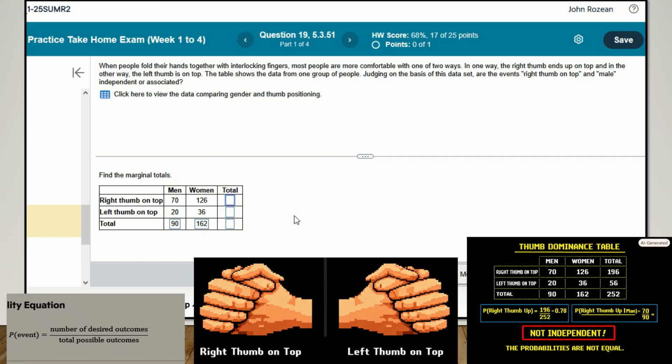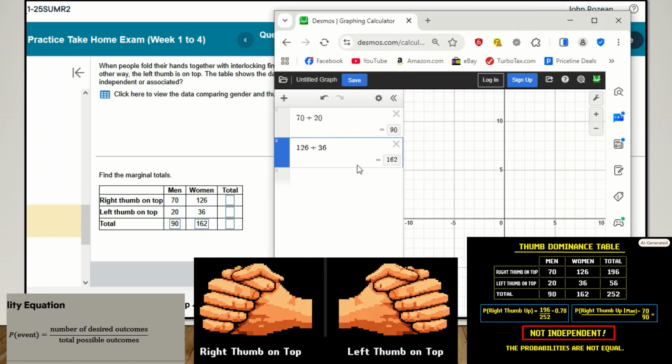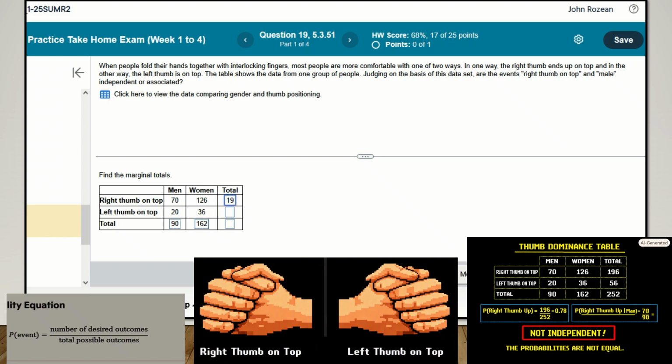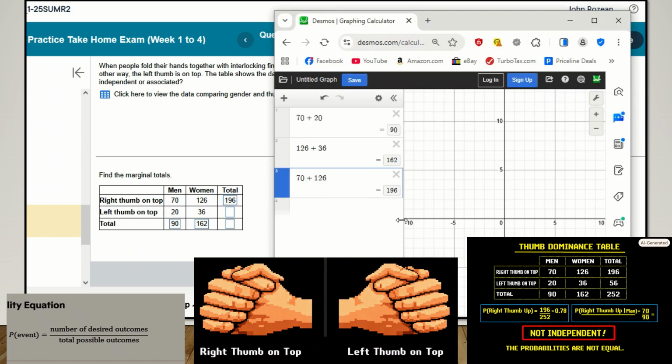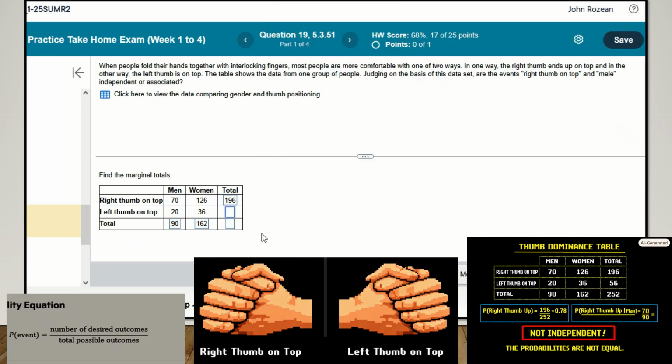It also should be the total of this column. This is a good way to check if your two-way table is working the way you want: both the rows and the columns add up to the same thing. That's your first check before you submit. And then that one was 20 plus 36, so it's 56 right there.